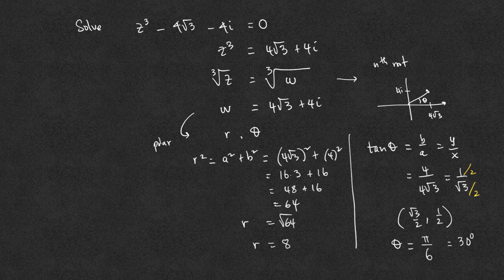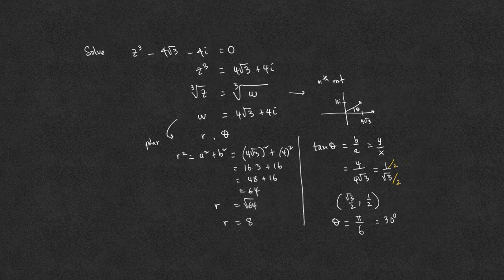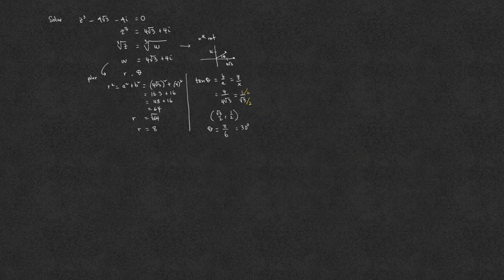With the modulus and the argument, we know that the complex number w is 8 times the quantity cosine of pi over 6 plus i sine of pi over 6, with the bracket around cosine plus sine i.